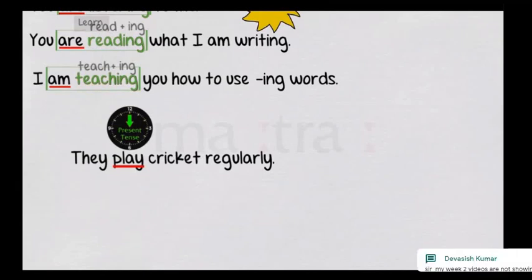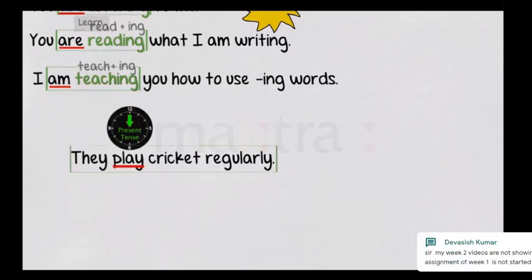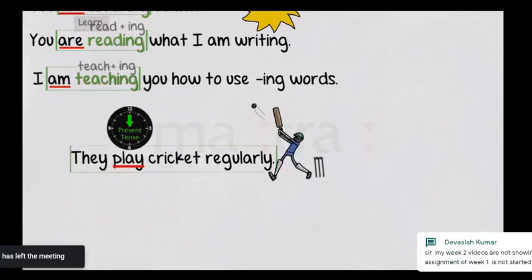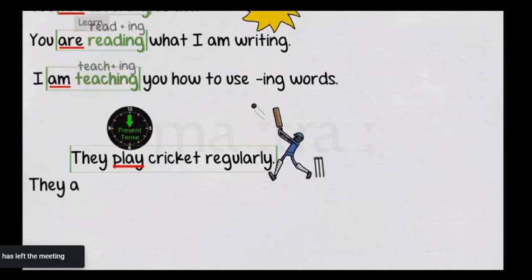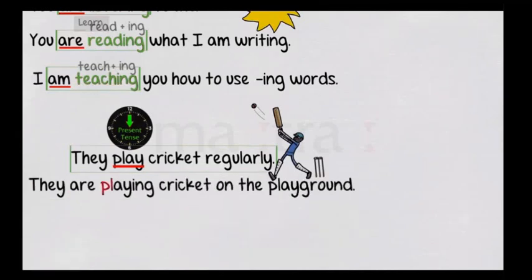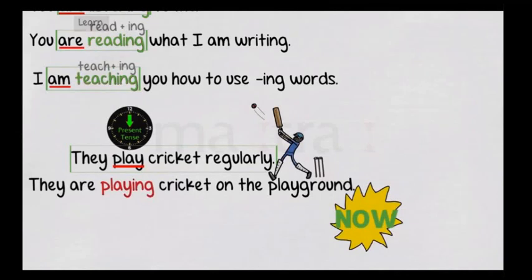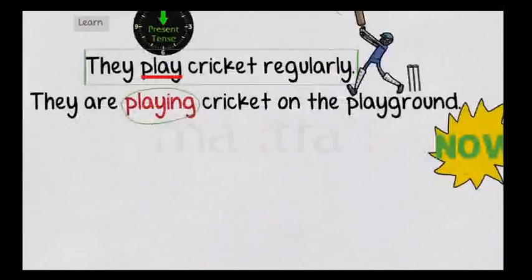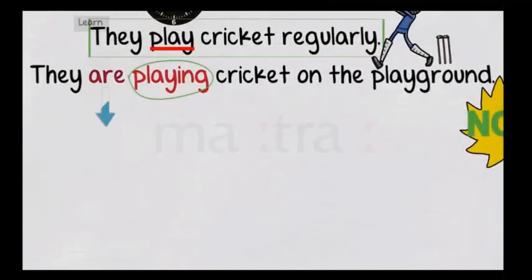Present tense. This tells us that they play cricket as a routine. They are playing cricket on the playground. Using the ing word, we understand that they are playing cricket now. To use the ing word correctly, we have to use the helping word to be.